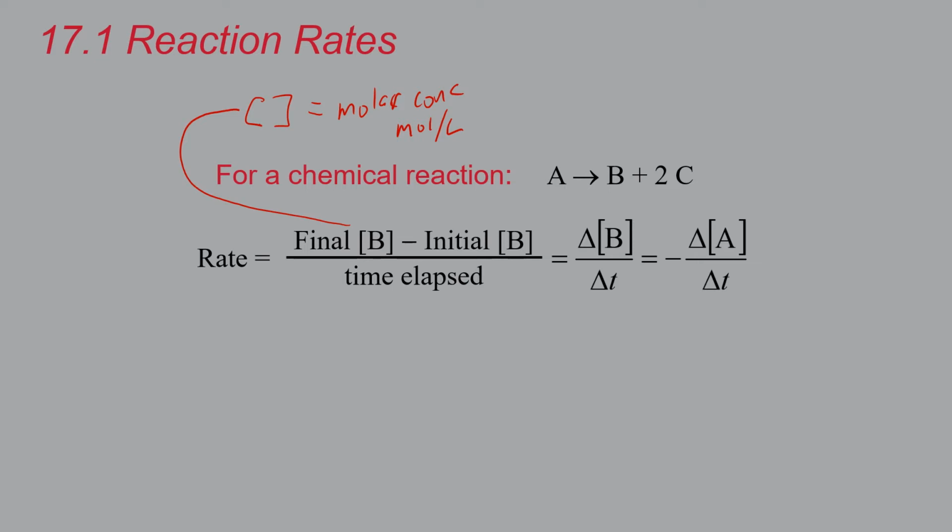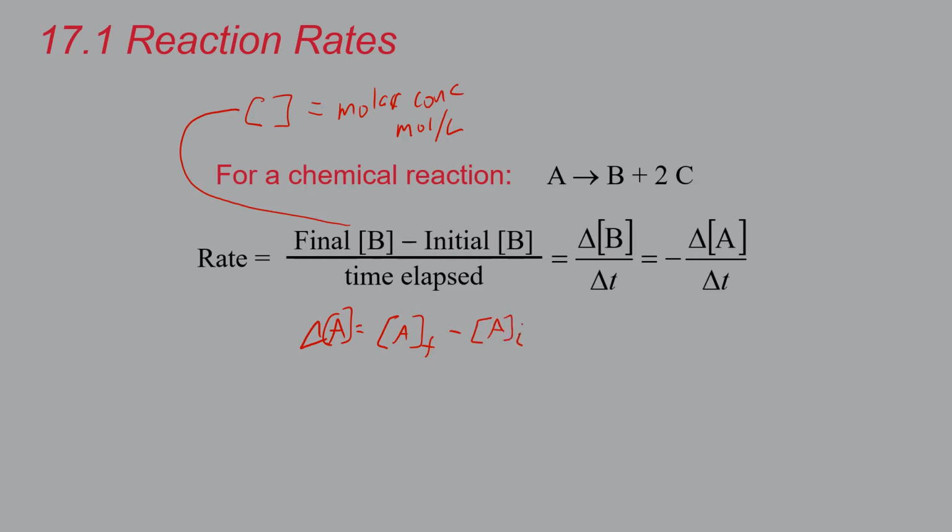Well, remember that we wanted the rate to be positive when reactants are being consumed and products are being made. So the delta concentration of A is simply the final concentration of A minus its initial concentration.